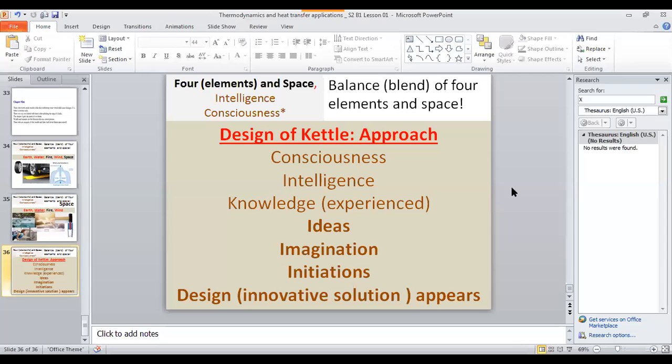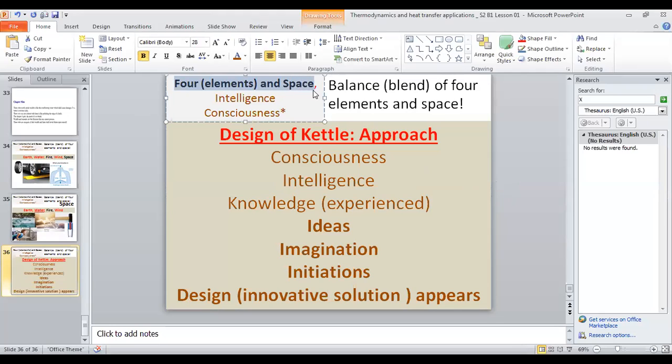So, how to trigger a good consciousness? That is very important. That's why consciousness comes first, then intelligence, then the knowledge. Where does the knowledge start? Four elements. You must have intelligence about the four elements in space.